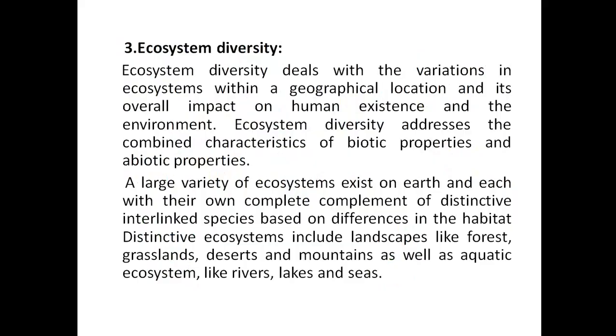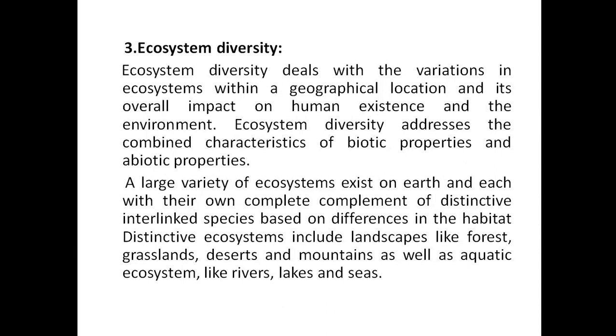Now let us go for the next third one, ecosystem diversity. Ecosystem diversity deals with the variations in ecosystems within a geographical location and its overall impact on human existence and the environment.